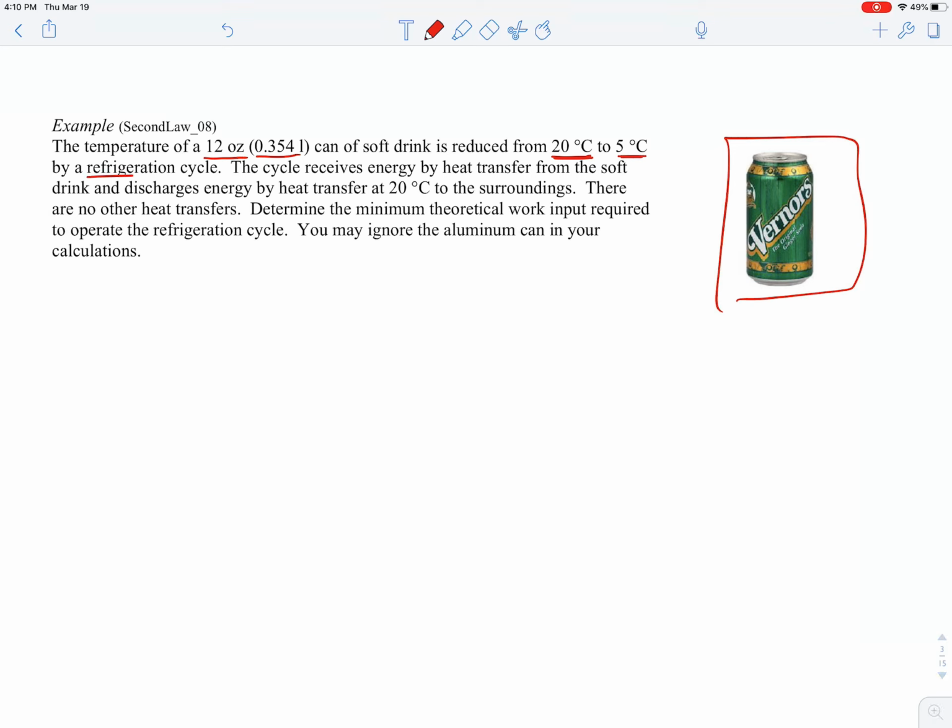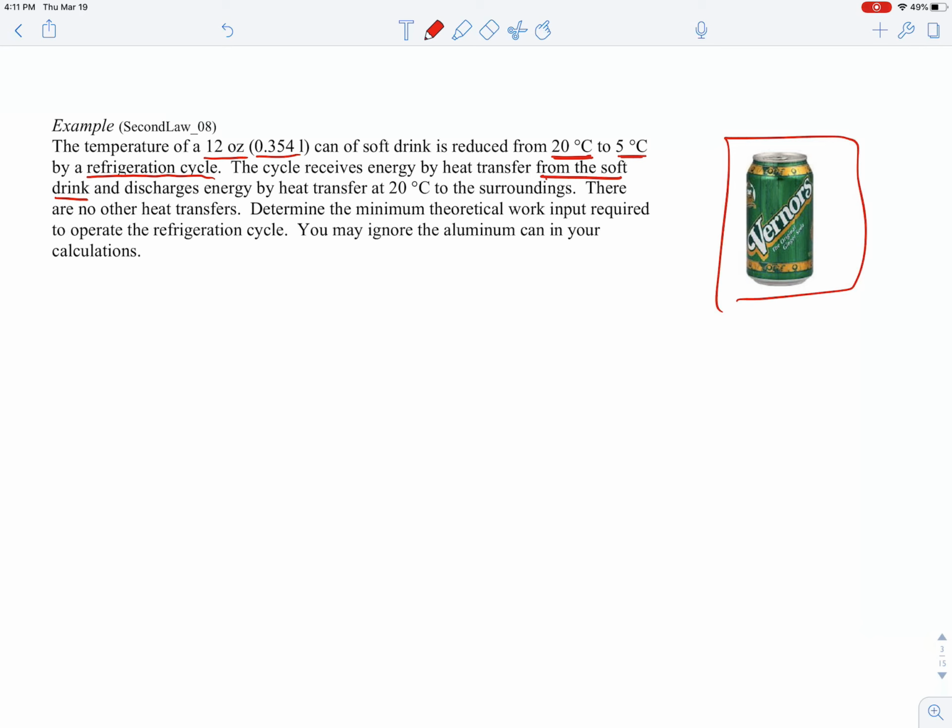So the refrigerator is operating in a refrigeration cycle. And the way that it works is the refrigeration cycle pulls heat from the soft drink. You'll see this in a picture I'll draw in just a moment. But there's heat transfer from the soft drink into the refrigerant in the refrigeration cycle.